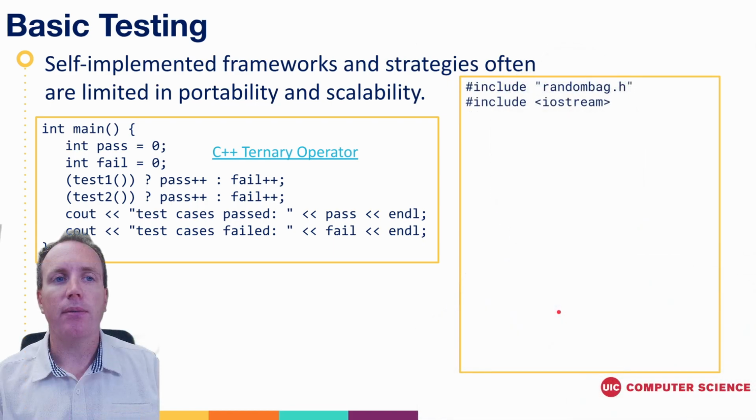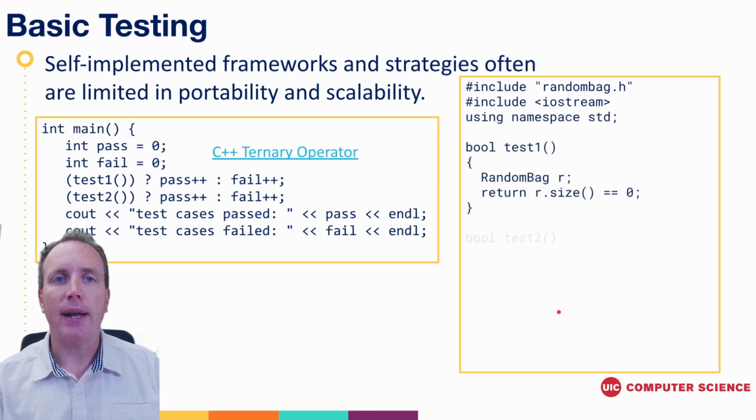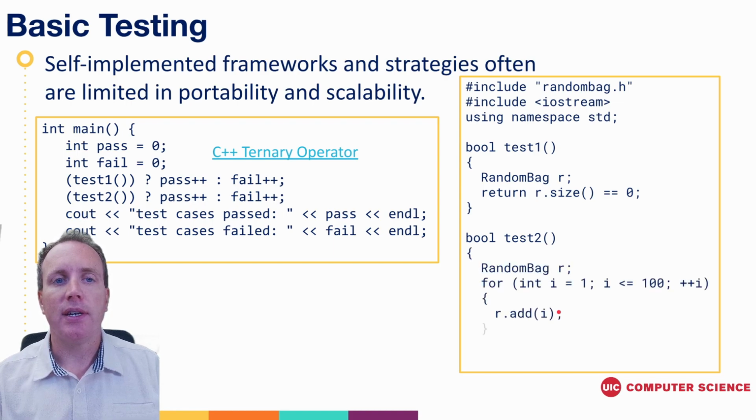If we go through and see what we would do for our random bag data structure, we would have to output our test's failure, so we have iostream included there if we're going to output to cerr or cout. And then in our main, we also have output. We call each of these tests we see here.